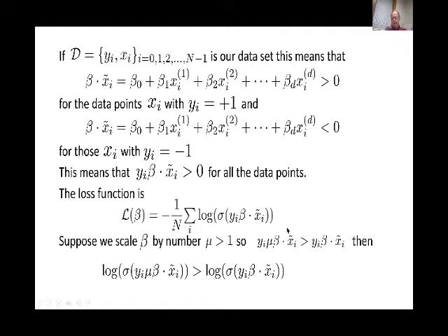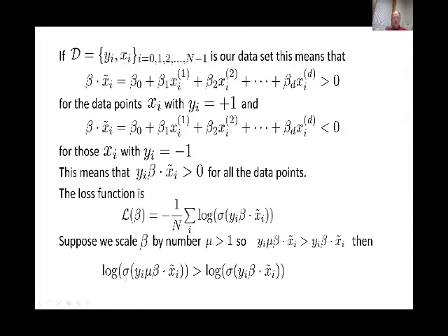Because yi beta times xi is always positive, if you multiply it by something bigger than 1, you make it larger. So scaling it by something bigger than 1 will give us something larger. The logistic function is an increasing function, and the log function is also an increasing function.